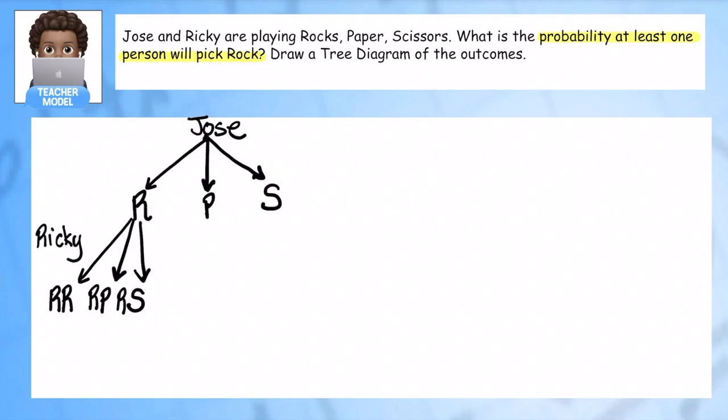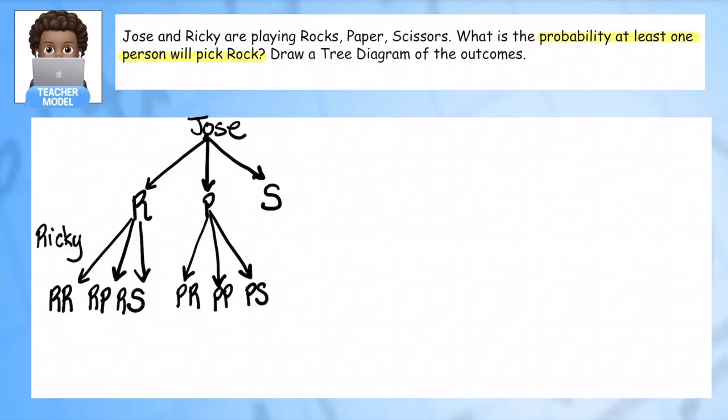Now, let's say it's paper. Jose throws paper. What could happen? He throws paper, Ricky throws rock. He might throw paper, Ricky might throw paper too. He might throw paper, Jose, and Ricky might throw scissors.